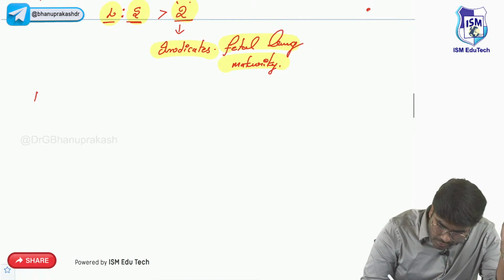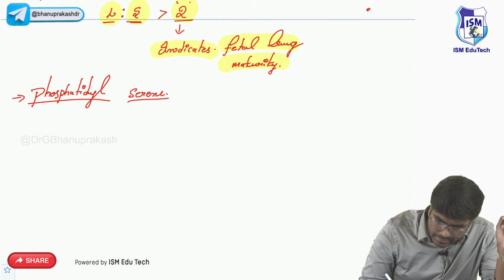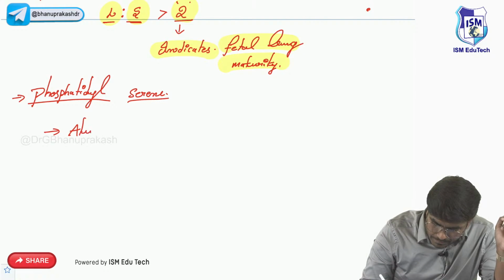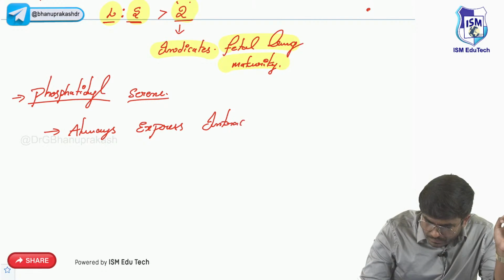First, phosphatidylserine. Let me write it here. The two important points are, it is always expressed intracellularly.